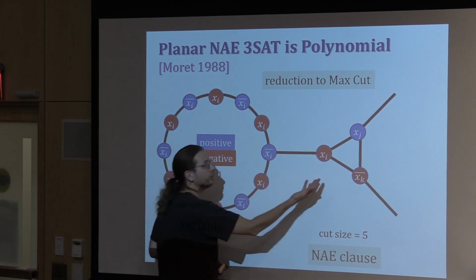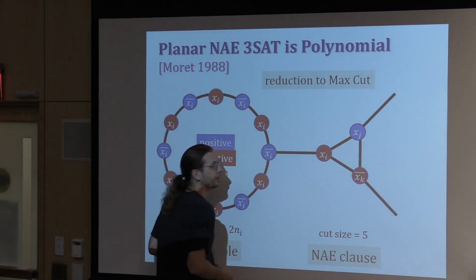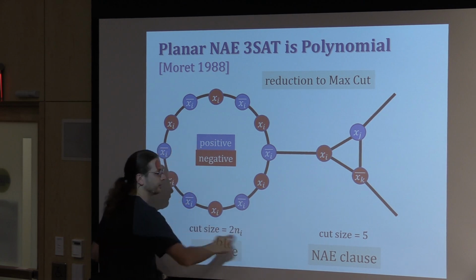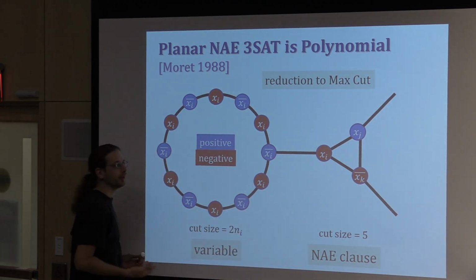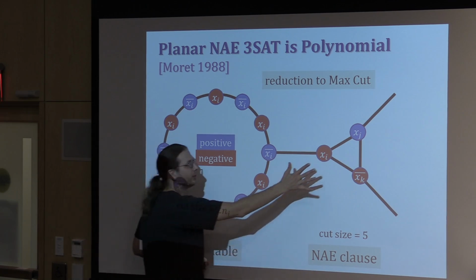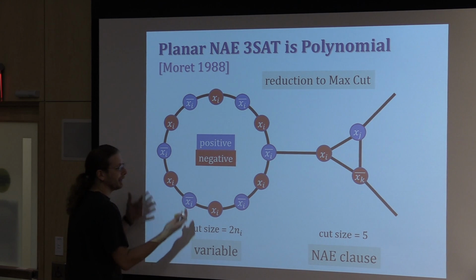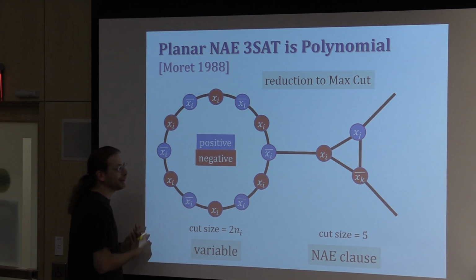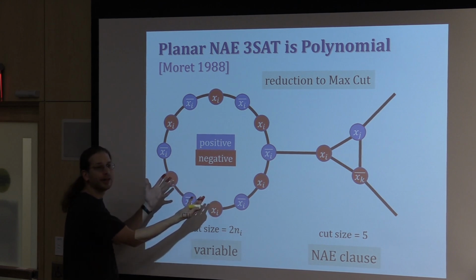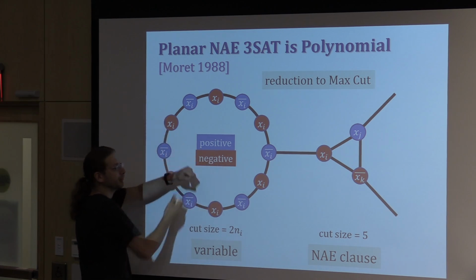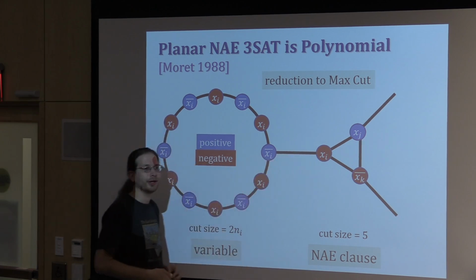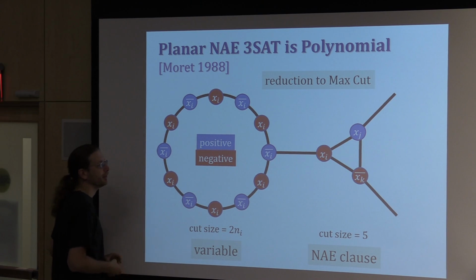That's the most you could hope for because of an odd cycle here. And if you get the sum of all these cut sizes in total, you must have not-all-equal in every clause. So that's simulating planar not-all-equal 3SAT. This also preserves planarity. I mean, you can contract the variable to a point, the clauses to a point, and it is the bipartite graph of the not-all-equal picture.